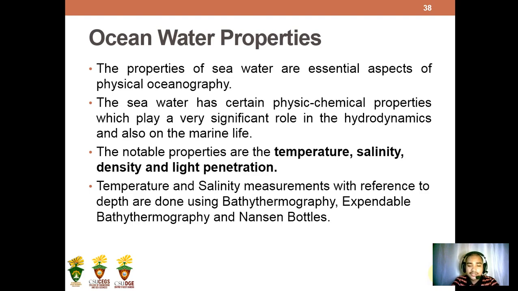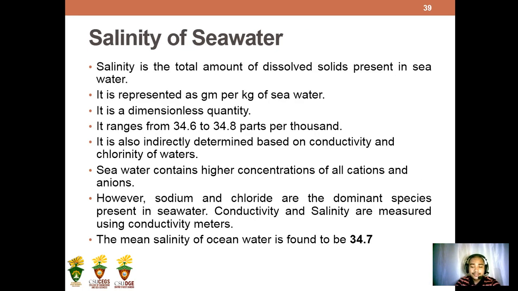Temperature and salinity measurements with reference to depth are done using bathythermography, expendable bathythermography, and Nansen bottles. The first property we are going to discuss is salinity. Salinity is the total amount of dissolved solids present in the seawater. It is represented as grams per kilogram of seawater.